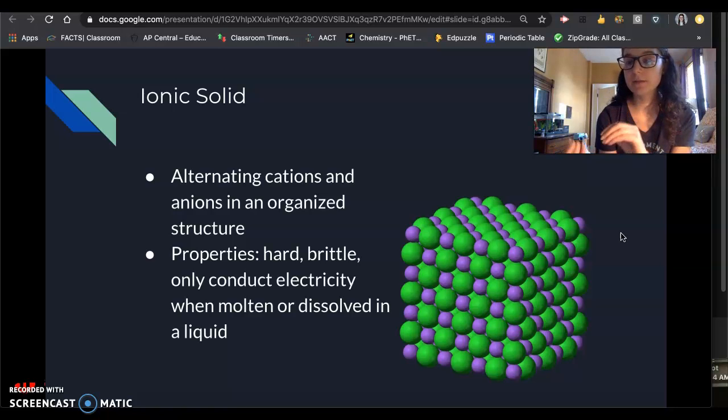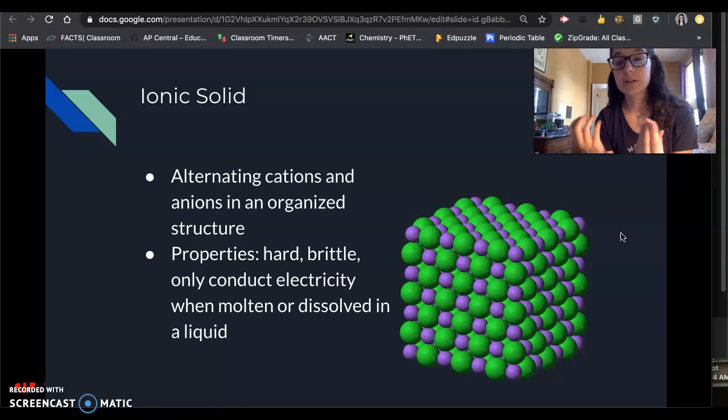So ionic compounds are different than molecular compounds because they don't actually have a covalent bond between them. They're actually just attracted to one another because opposite charges attract. So it's not really a bond, an ionic bond, it's more of an attraction between particles. They don't have to be just between cations that come from elements or anions that come from elements.